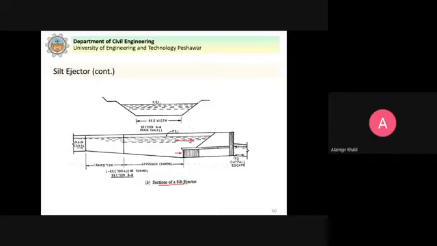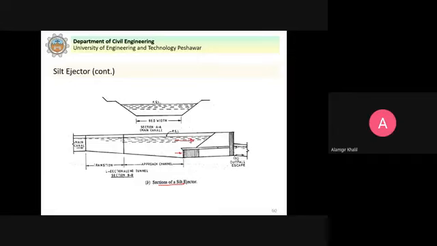So we have, this is the river, because if you want to construct you have to divert the river then, clear? So the common practice in Pakistan has been to build the barrage on a dry land in a by river. So in a dry land you construct the barrage.